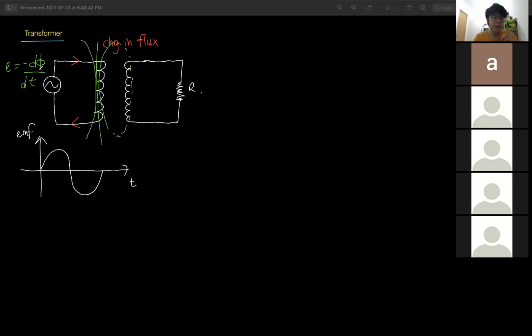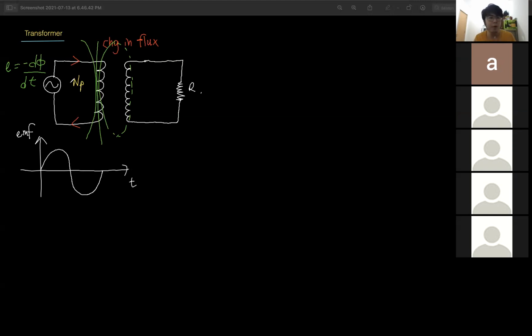Now, this is only for one coil. If I want to calculate the total EMF produced, then I will multiply by the total number of coils. So let's say for the primary we use this number of coils, NP.